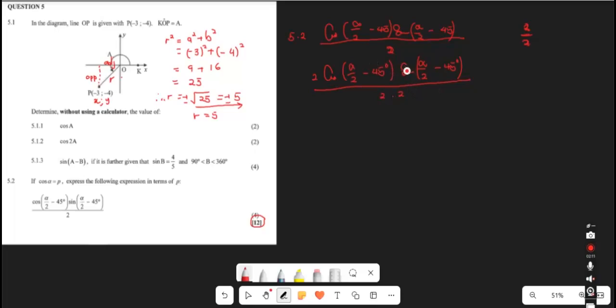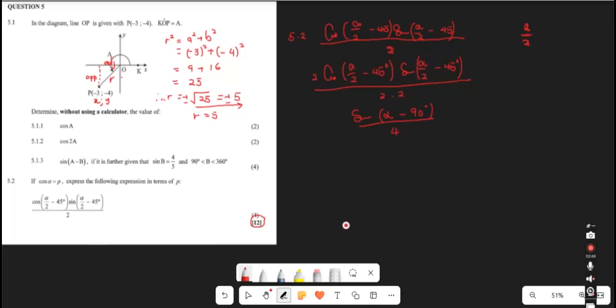So the top part here, cos (half beta minus 45) multiplied by sine (half beta minus 45), is a double angle and it can be written as sine (beta minus 90 degrees) all over 4.